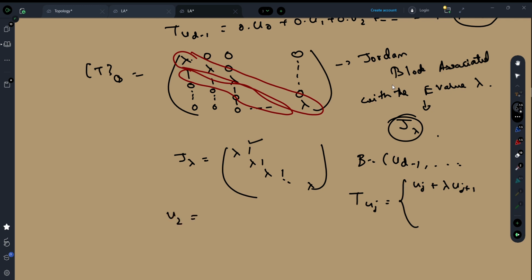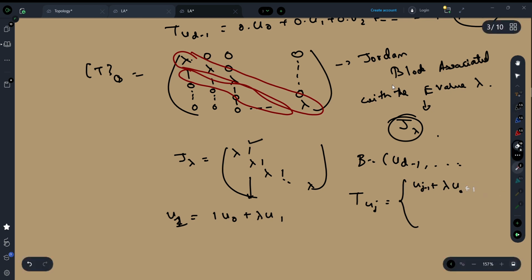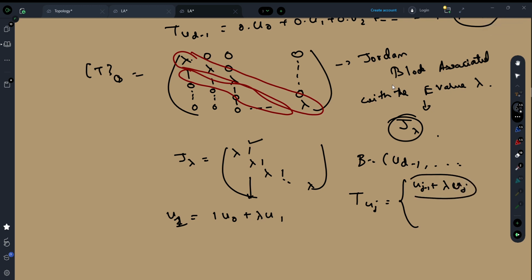So in the case of u1, you have 1 times u0 plus lambda times u1. Are you getting my point? So this is u_{j-1} and this is u_j, correct? You set the vector elements in such a way that this criterion is obeyed.